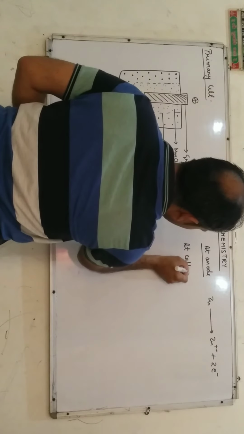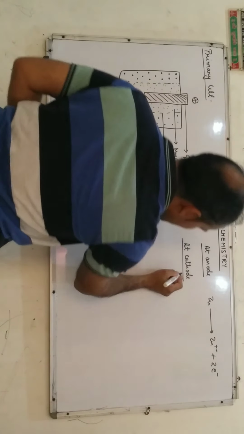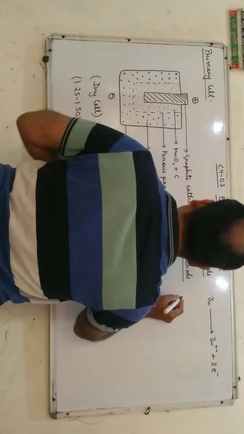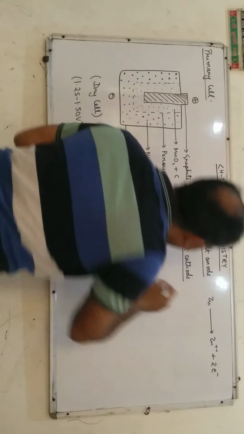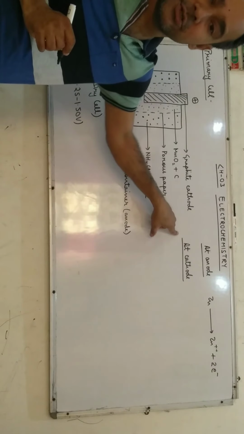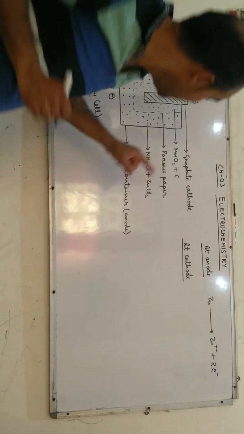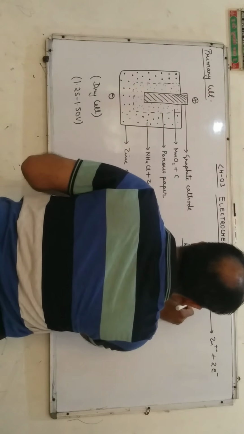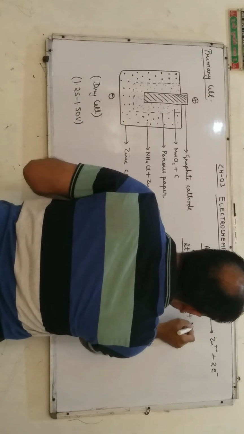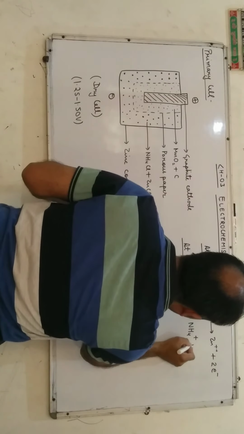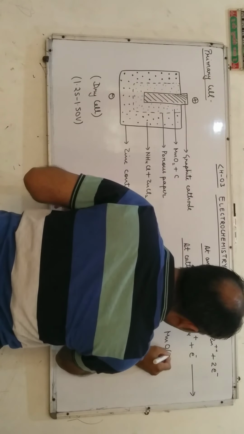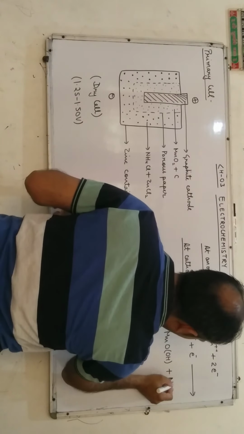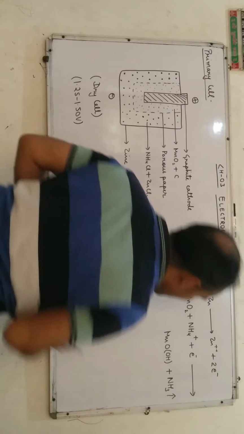At cathode we have graphite. Now at cathode, student, we have manganese dioxide which combines with ammonium ion to produce MnOOH along with ammonia gas.